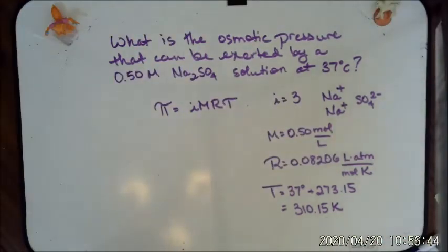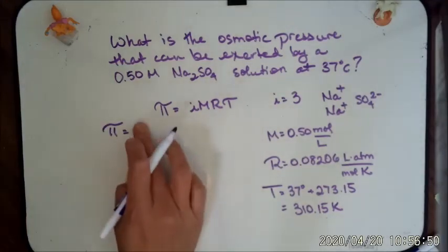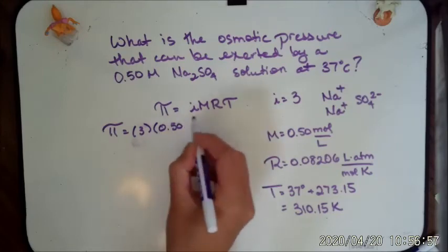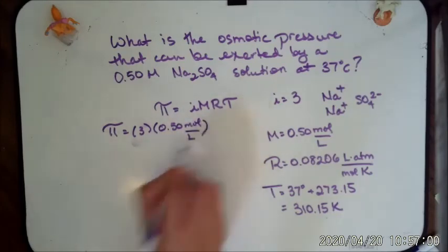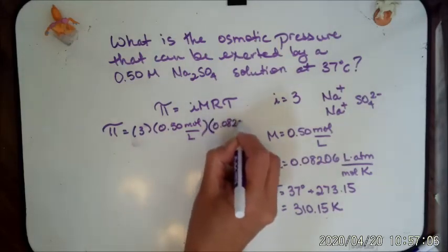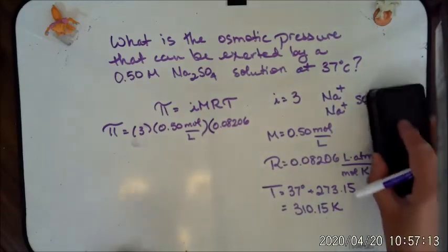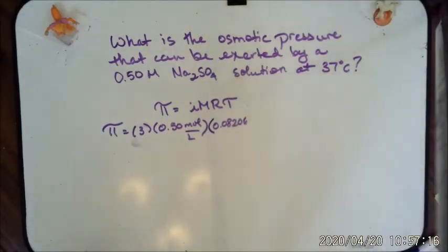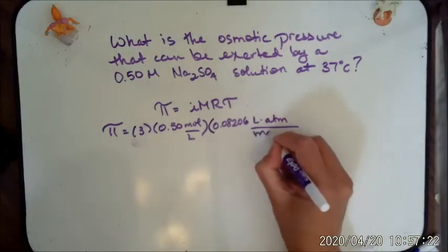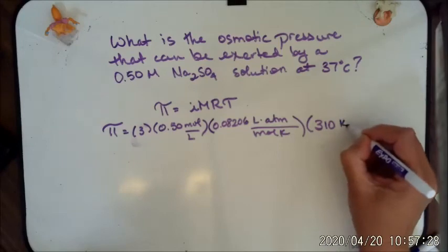Okay, so let's finish our calculations. Osmotic pressure is equal to 3 times 0.5 moles per liter, times 0.08206 liter atmospheres per mole Kelvin, times 310 Kelvin.